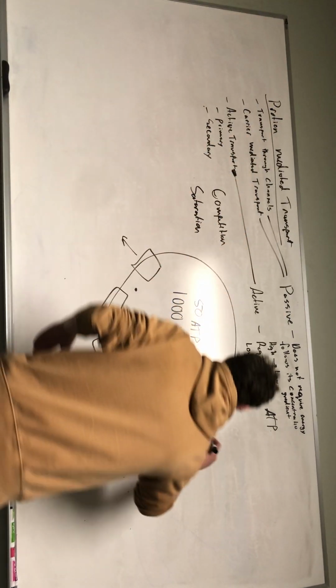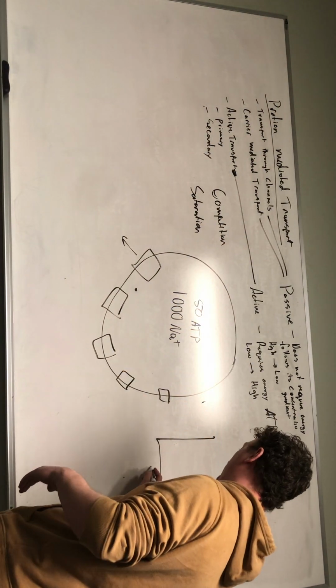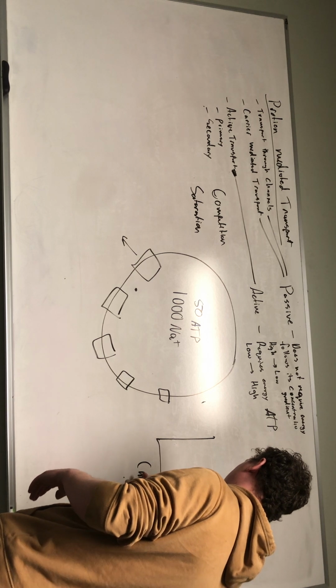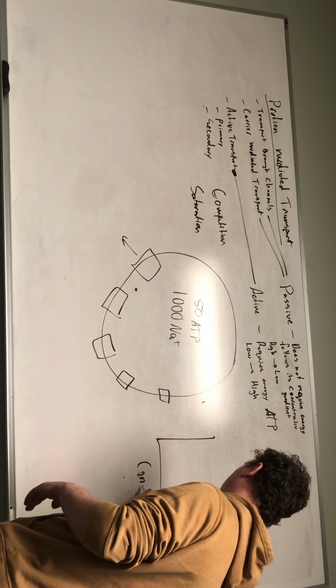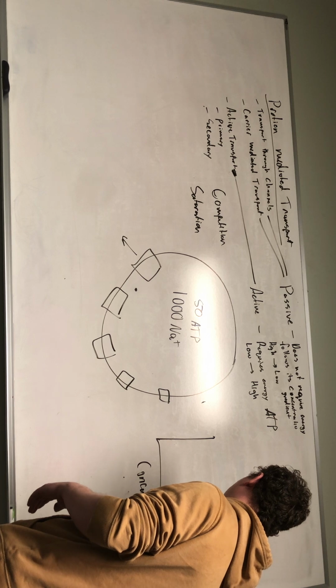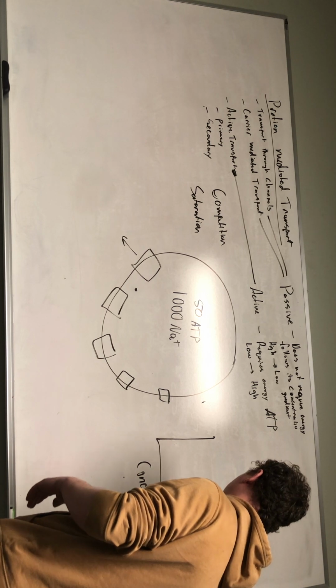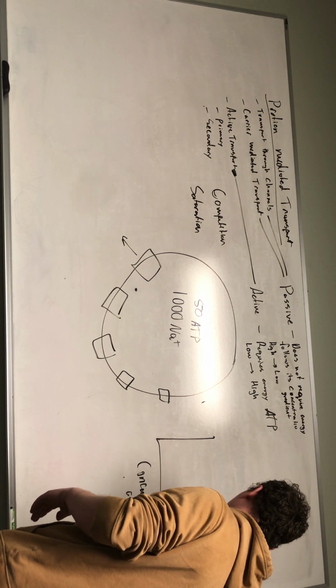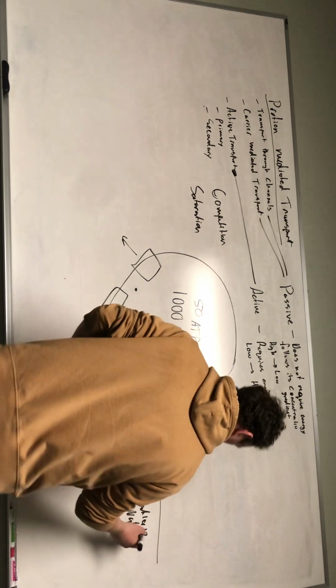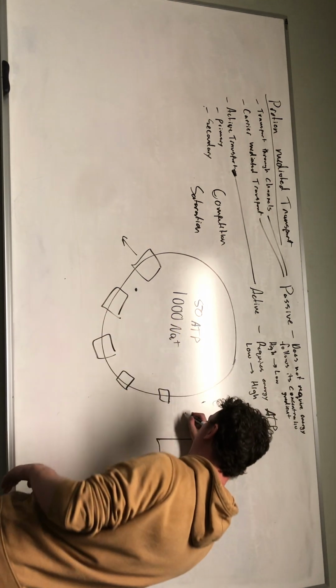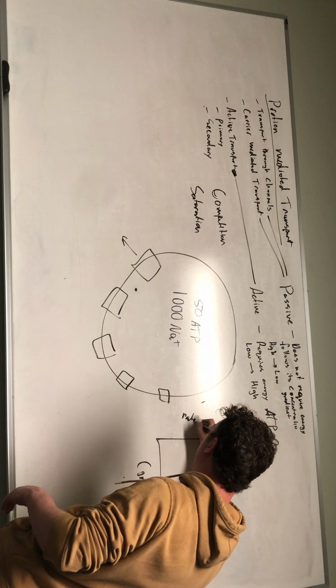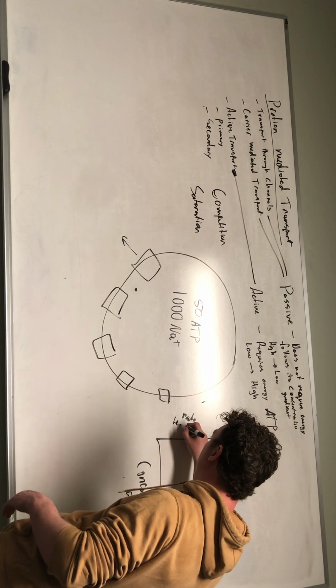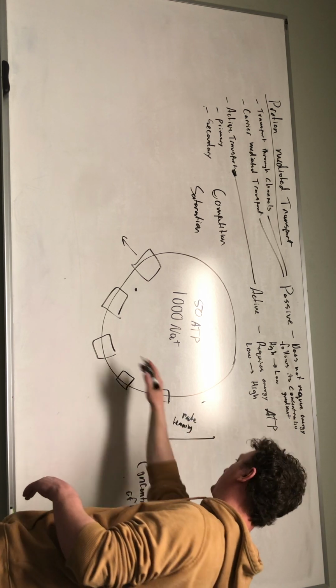And if I draw a graph for you right here, so down here we have concentration of sodium. And then here we're going to have the rate at which it's leaving the cell because of those pumps.